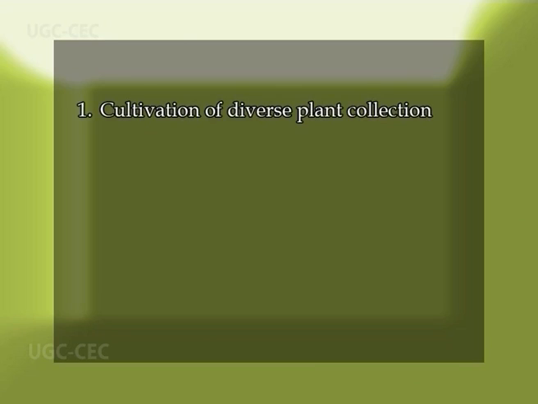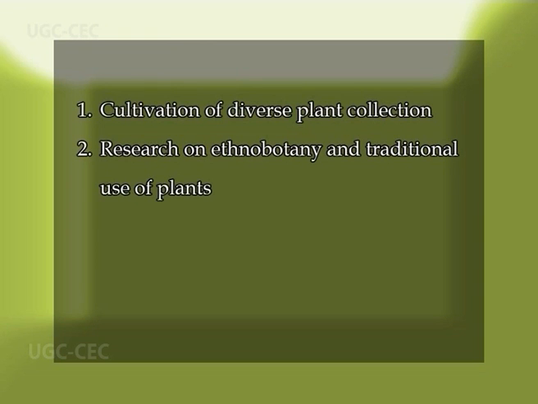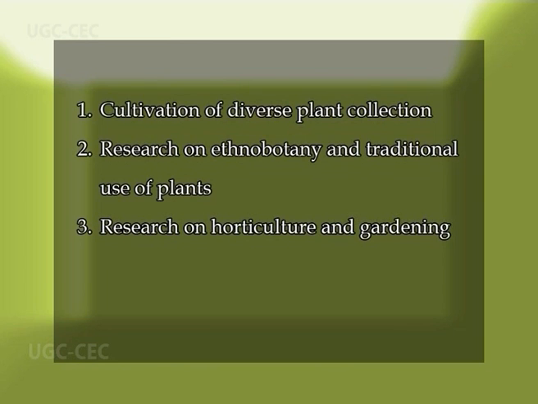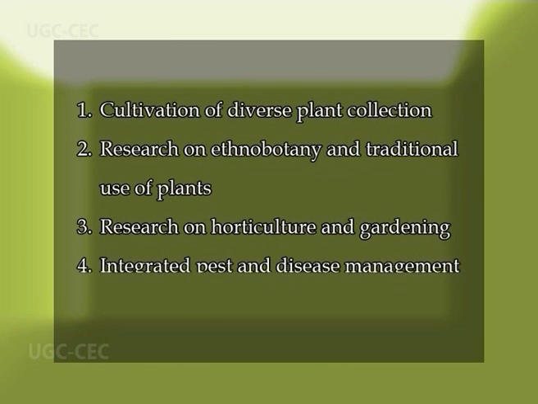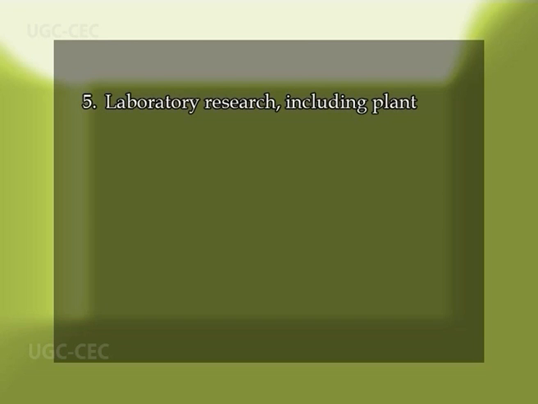Under this heading, the following points are to be studied. First, cultivation of diverse plant collection. Second, research on ethnobotany and traditional use of plants. Third, research on horticulture and gardening. Fourth, integrated pest and disease management. Fifth, laboratory research including plant propagation in vitro.